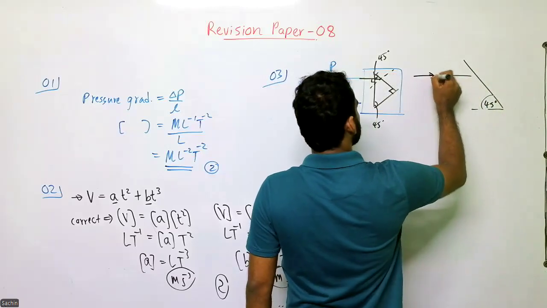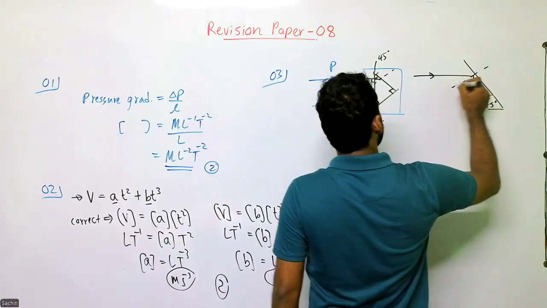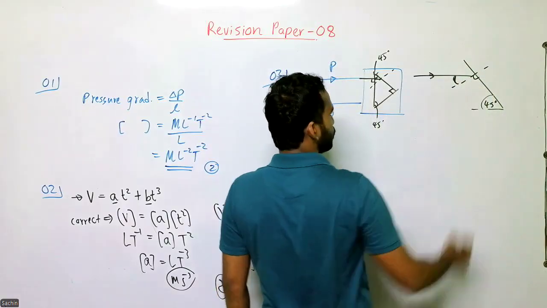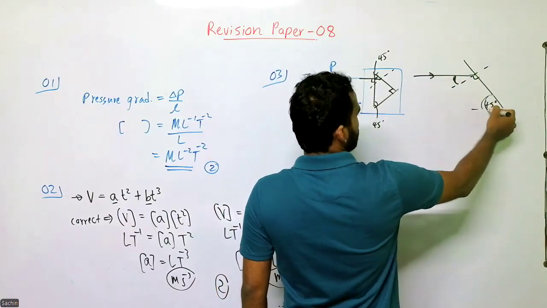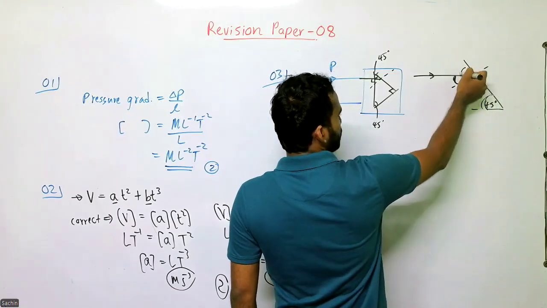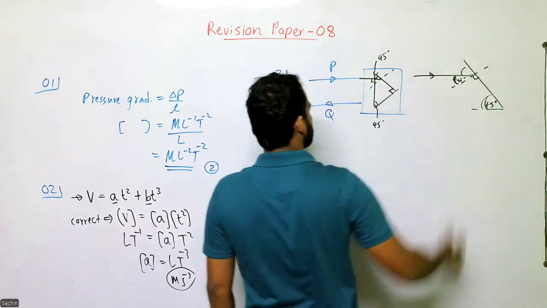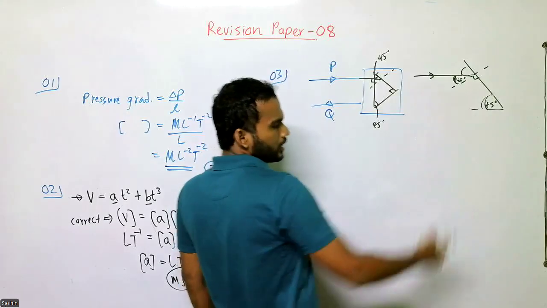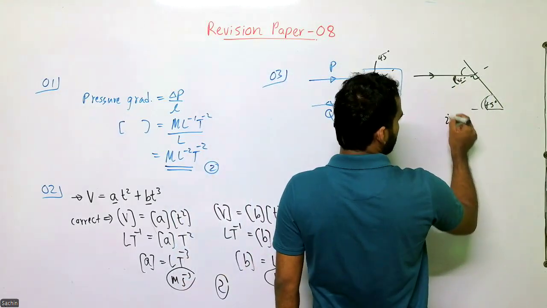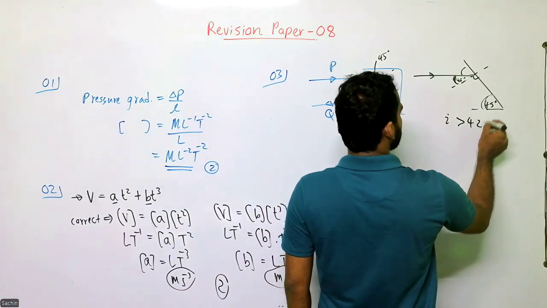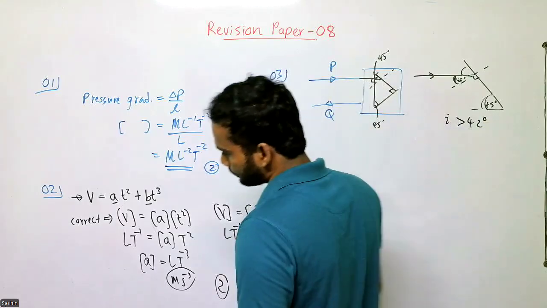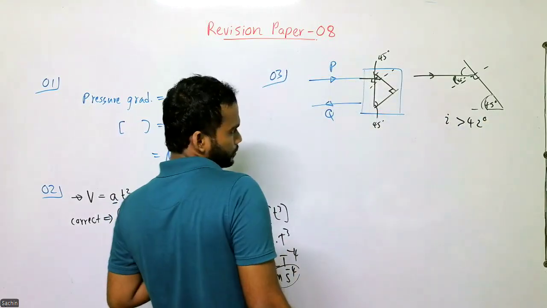So this light ray hits there. The angle with the normal should be 45 degrees. Why? If this is 45, this is 45, then this should again be 45. So the angle of incidence, 45 degrees, is greater than the critical angle, right? The critical angle is given to be 42.